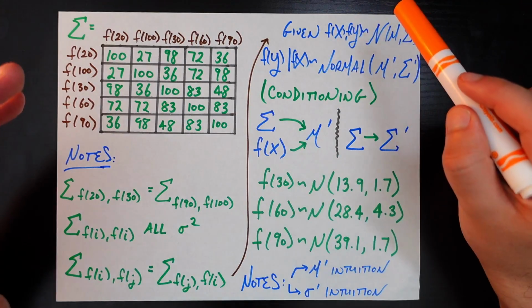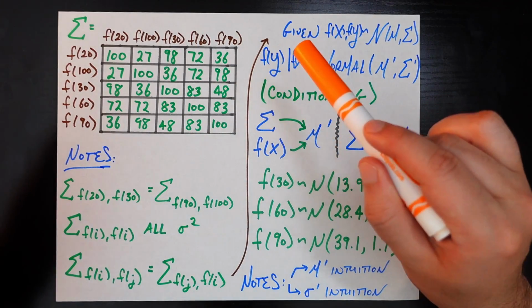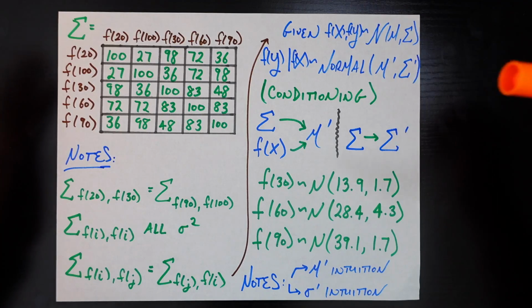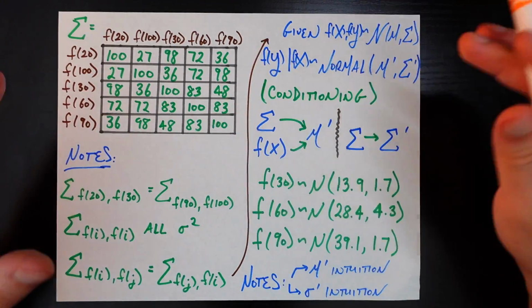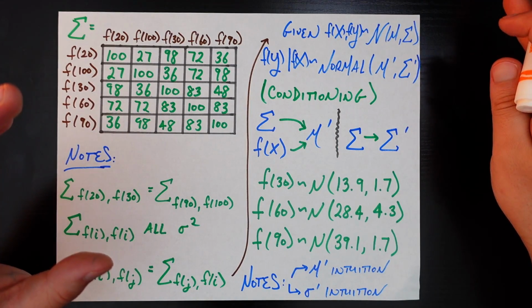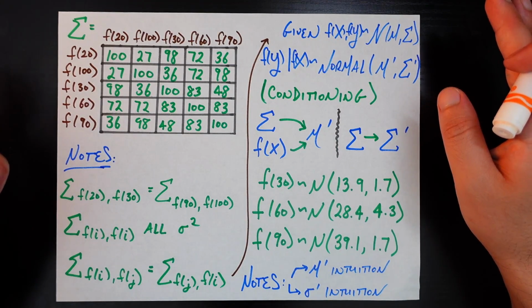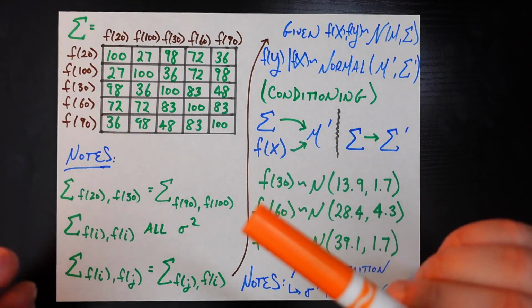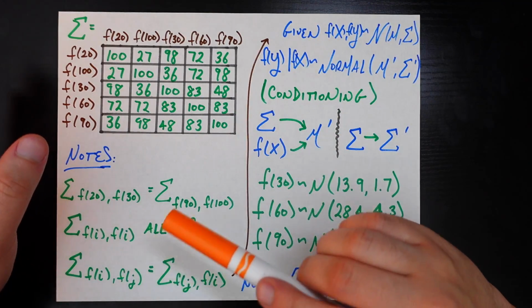And then once we've shown that, when you condition one normal distribution on another normal distribution, the rules of normal distributions say that the conditional is also going to be a normal distribution. All of these things have different means and different covariance matrices, but that's the reason that normal distributions are used here, and the reason we call them Gaussian processes is because normal distributions have a lot of very nice properties when it comes to marginalizing out and conditioning.